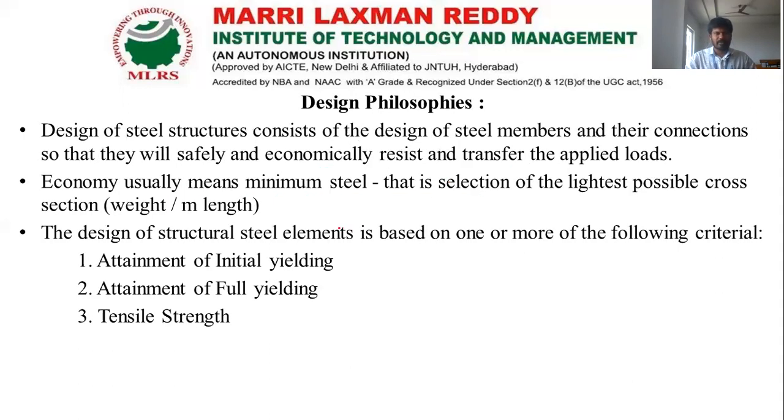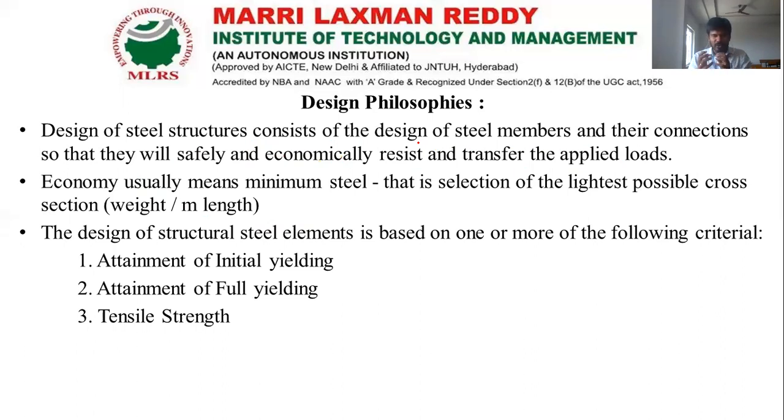Now, design philosophies. Design of steel structure consists of design of steel members and their connections so that they will safely and economically resist and transfer the applied loads. Here two things we have to remember. One, we design the member first, then we have to connect each and every member by the help of connections.